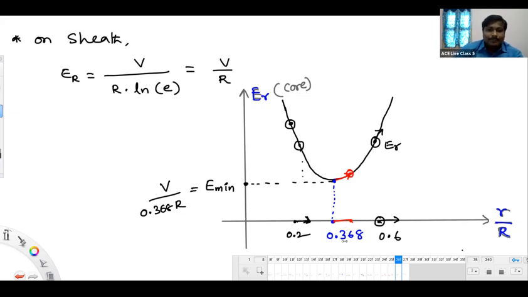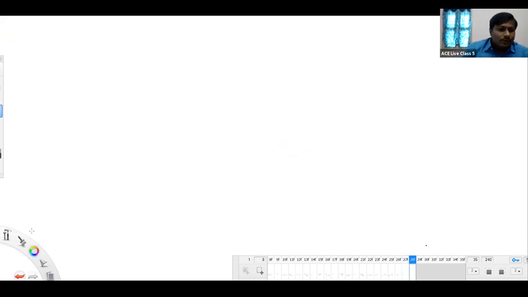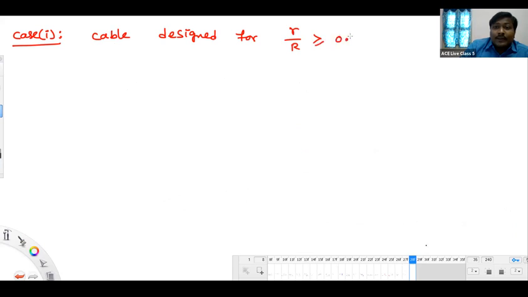So I'm writing it. Case 1: cable designed for a dimension small r by capital R greater than or equal to 0.368.